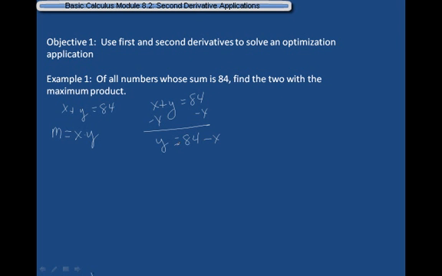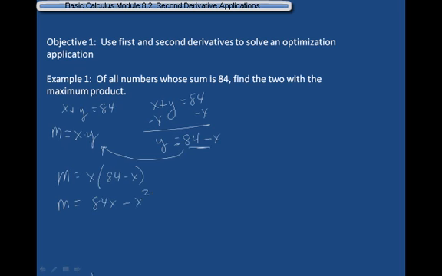And this being the case, I'm now going to substitute into our product problem. And so that's going to give us m is equal to x times our equivalent for y, which was 84 minus x. And so m would be equal to 84x minus x squared.